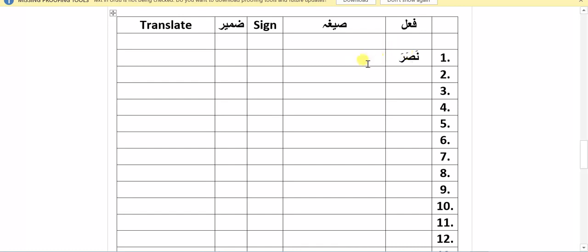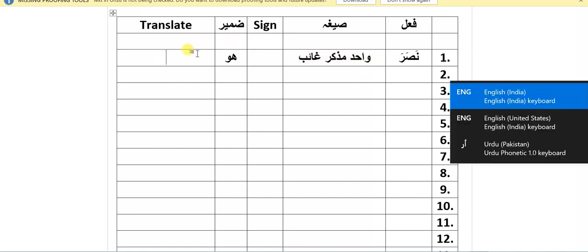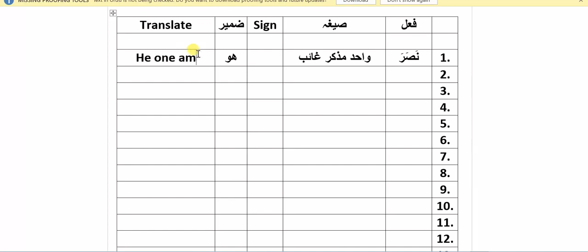Nasara is a word and it's a sega of wahid muzakkar gayab. There is no sign and there is a zamir inside it which is huwa. Huwa means he, and he is the third person wahid muzakkar. And the translation, because nasara is a sega of wahid muzakkar gayab, will be he, one man, helped.